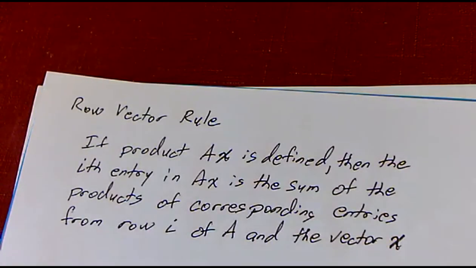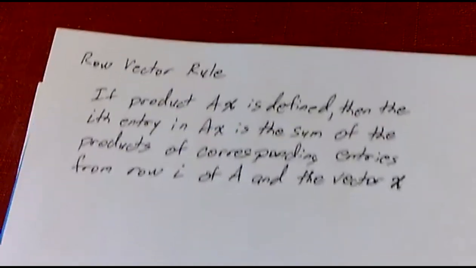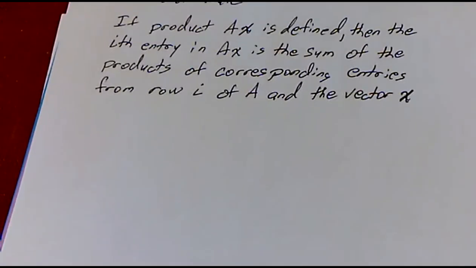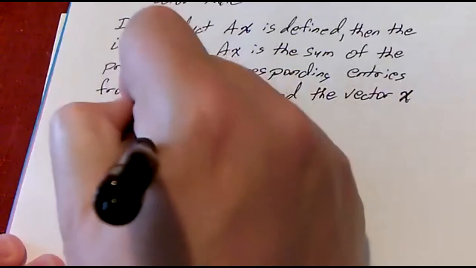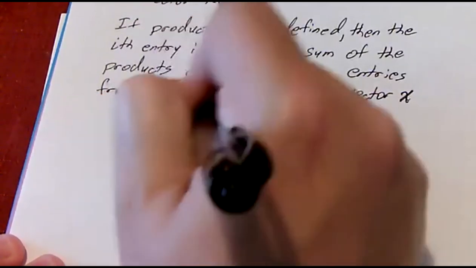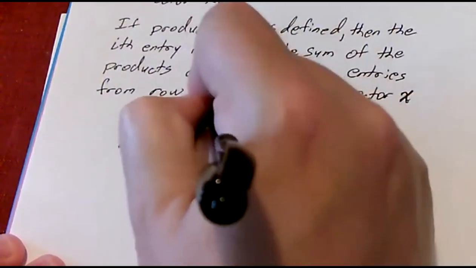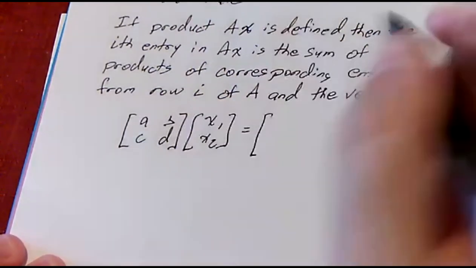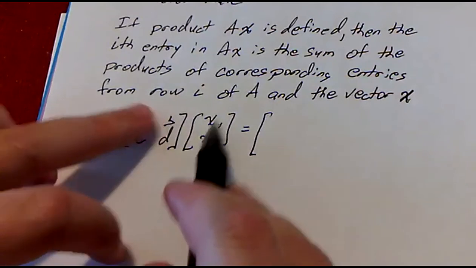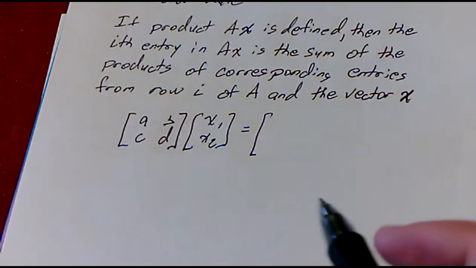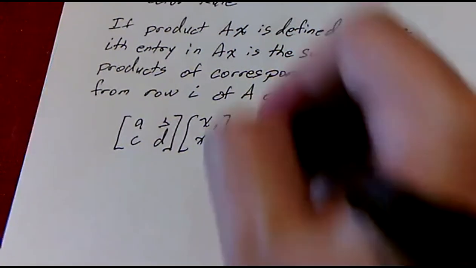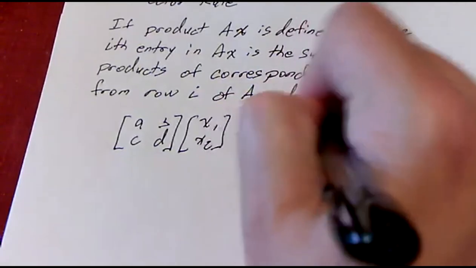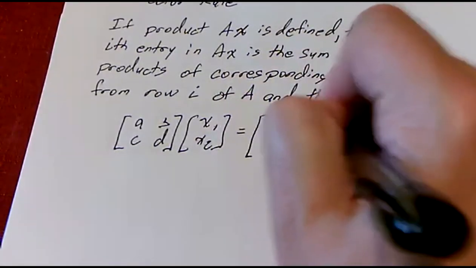So this is just a rule that explains what we've been talking about, how you go across the row of the first entry and down the column of the column vector. If you have a simple 2 by 2 matrix, which I'll just label with A, B, C, D, and X1, X2, the row vector rule says that I multiply the products in the corresponding positions and get the corresponding result. So I would get A X1 plus B X2.